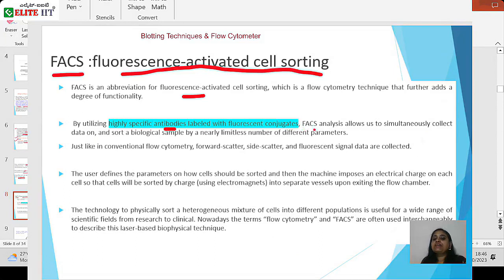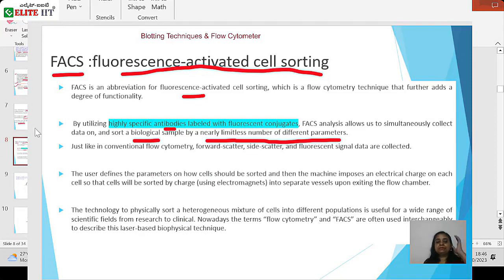FACS analysis allows us to simultaneously collect data and sort a biological sample by a nearly limitless number of different parameters. Same thing I told you. We can sort all the cells. Sorting means you just separate all the cells through this process.